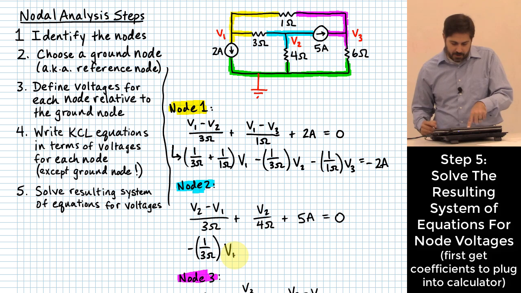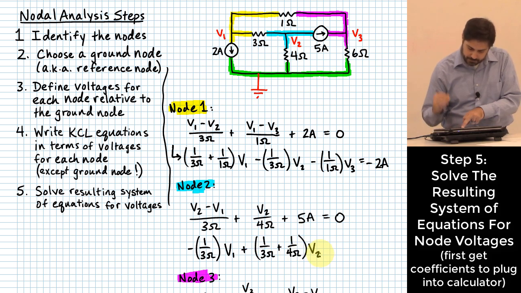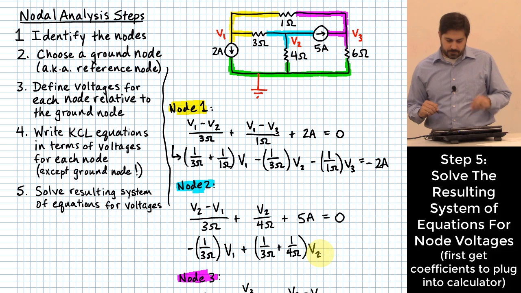What else do I have here? Plus 1 over 3 ohms plus 1 over 4 ohms, V2, okay.